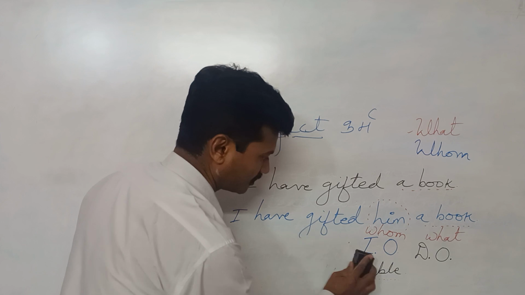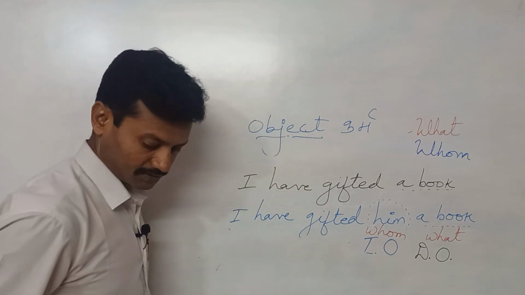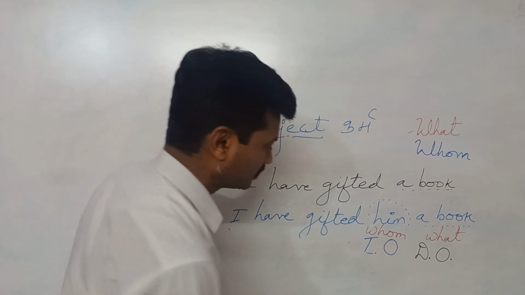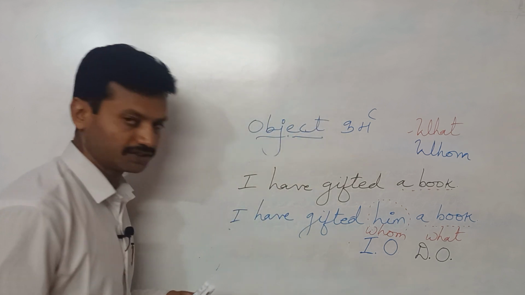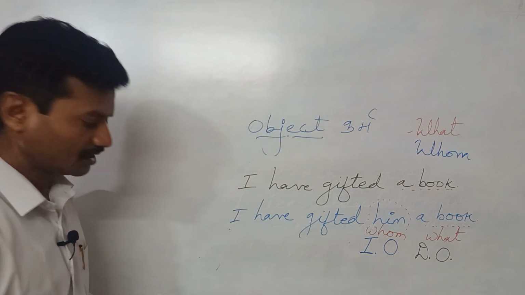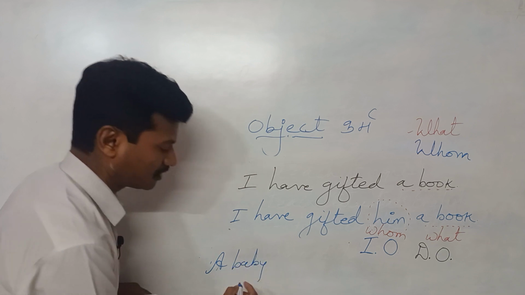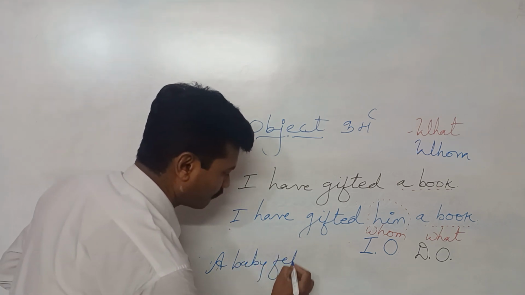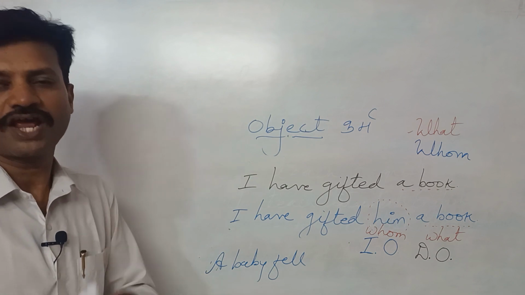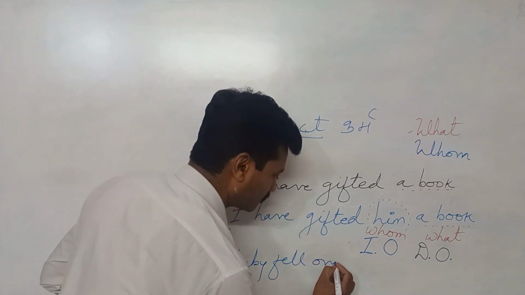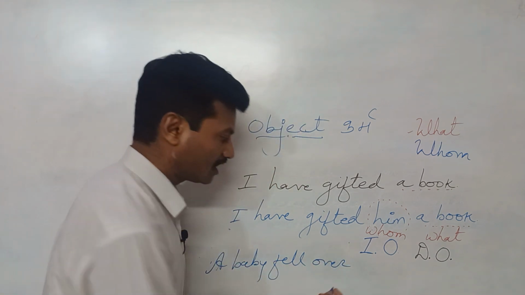Look, prepositional object. You know this direct object, indirect object. So a baby fell over the rail.